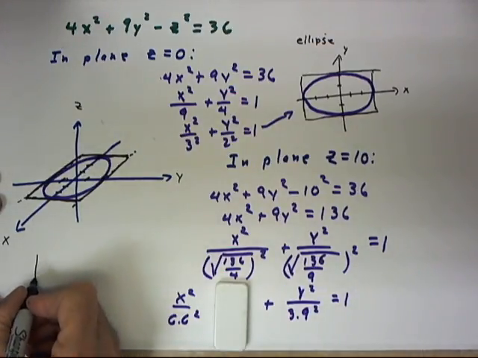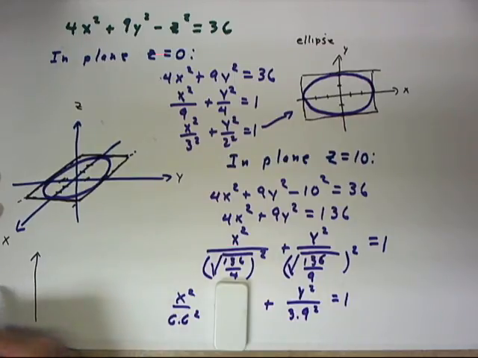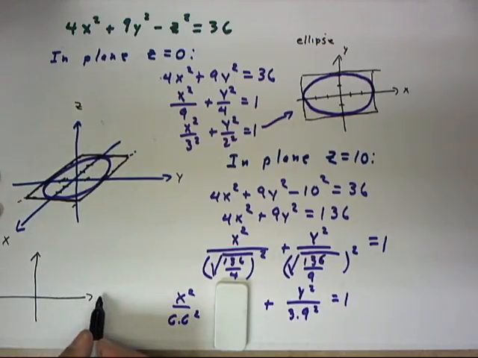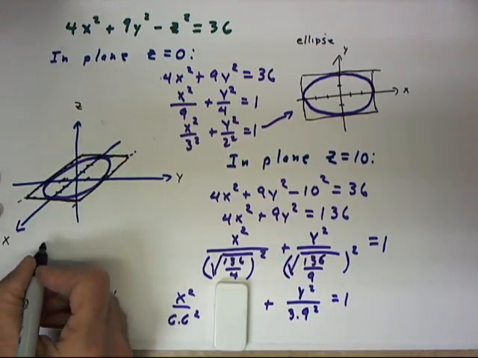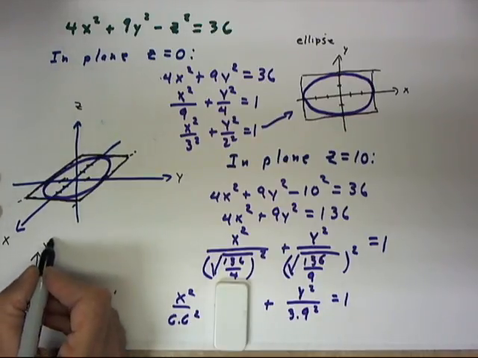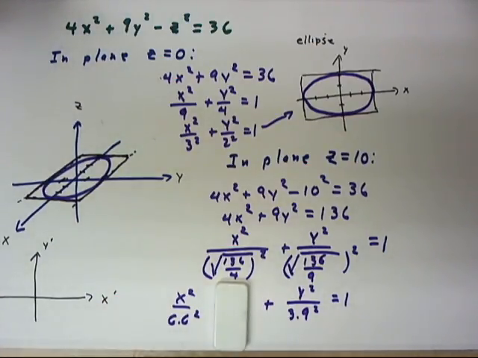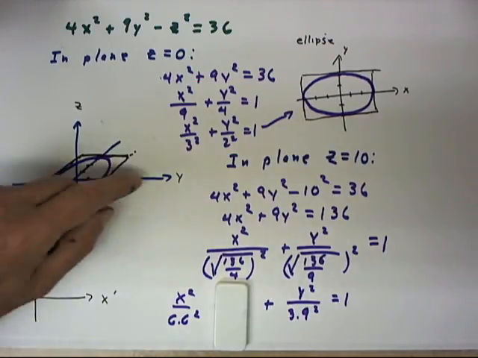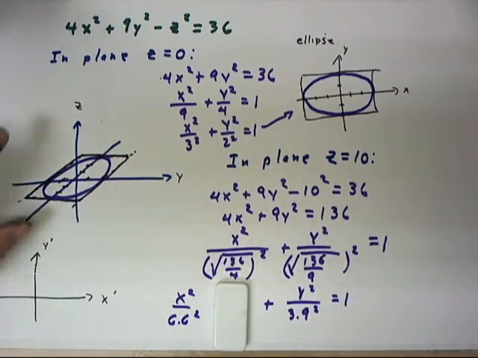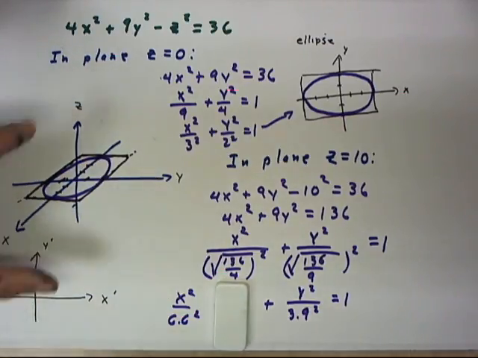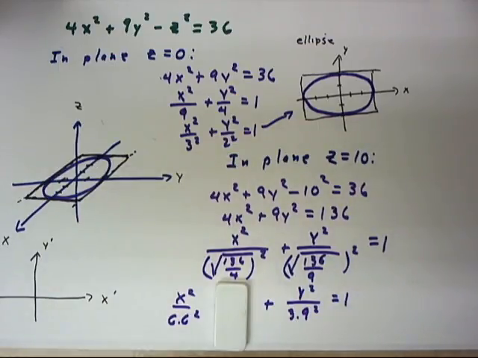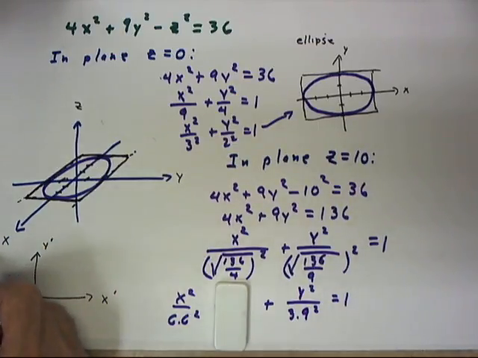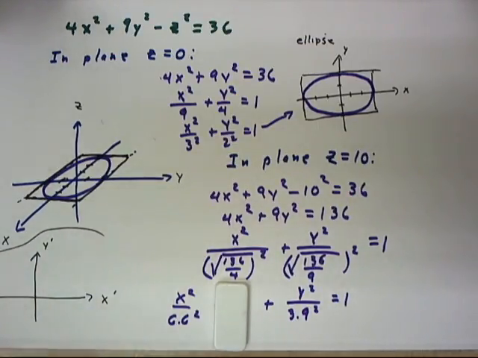So in an xy plane, and I'm not going to call that xy, I'm going to call that x prime, y prime. The prime doesn't denote derivative, the prime simply denotes that it's like an xy plane, but I can't really call it xy because xy is down here in the z equals 0 plane of our three-dimensional space. And here we're in the plane z equals 10, so we have sort of a set of auxiliary xy axes.